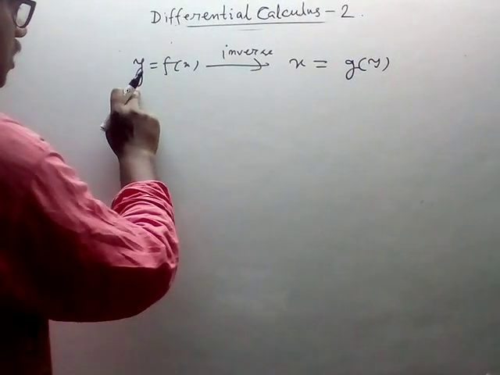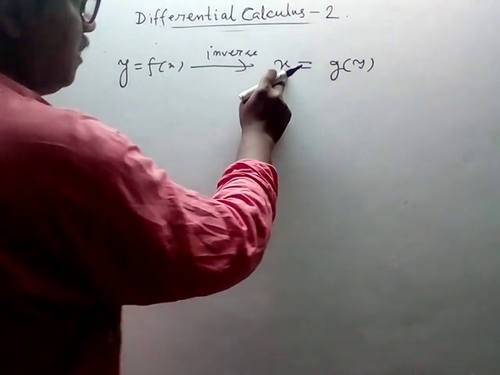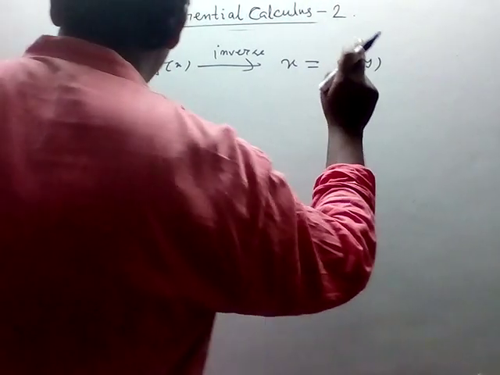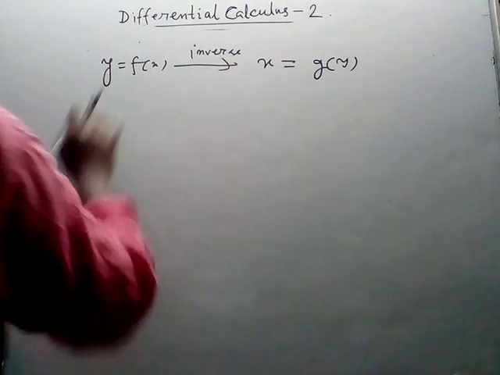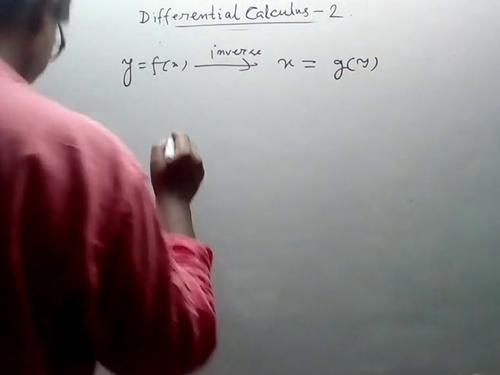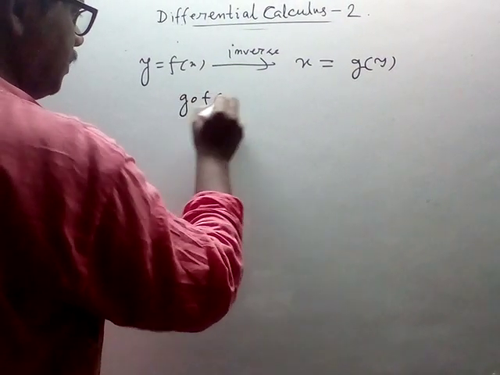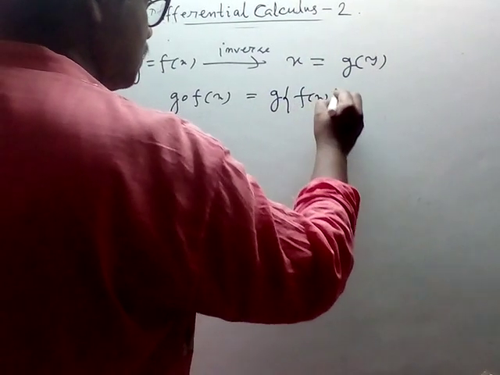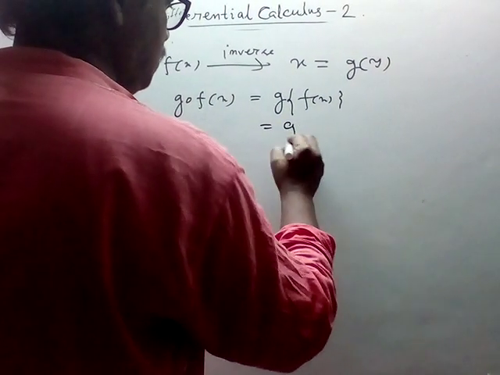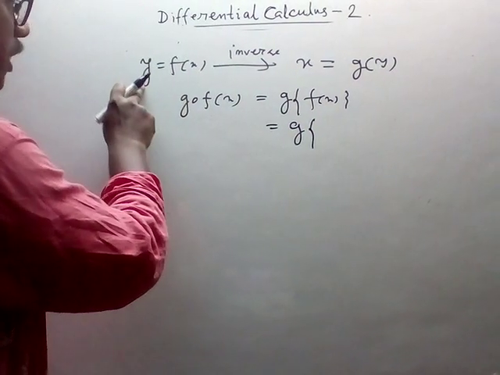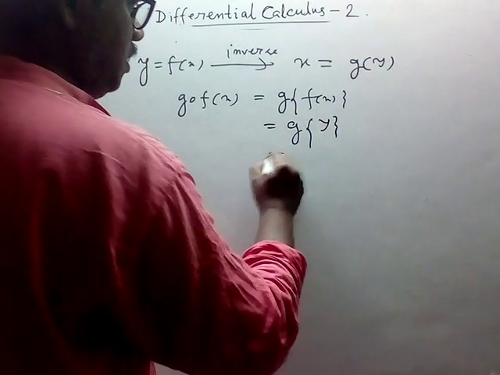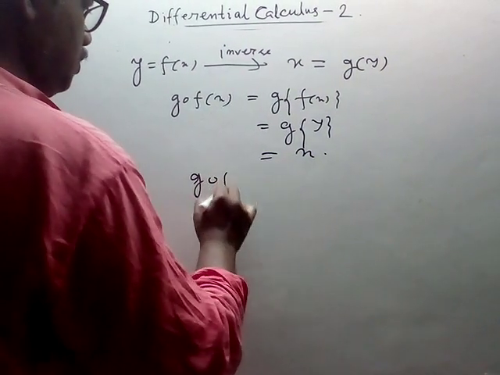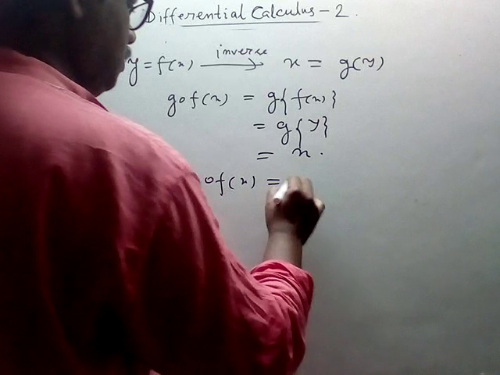From this, y is the subject; from this function we can express x as the subject, and x is a function of y. So g composition f of x means g of f(x), which means g of y, and g(y) means x. That is, g composition f of x equals x.